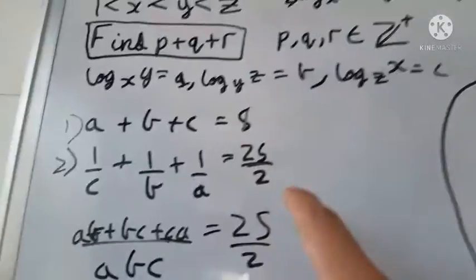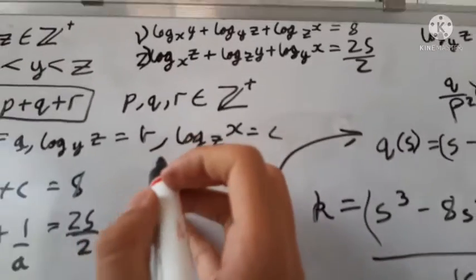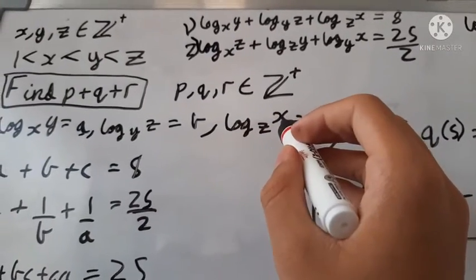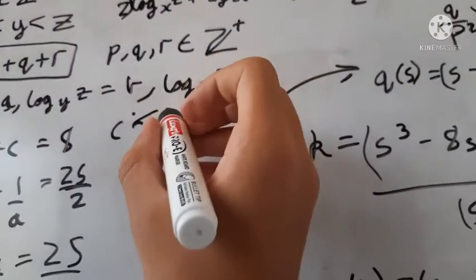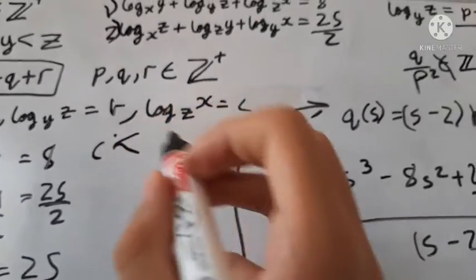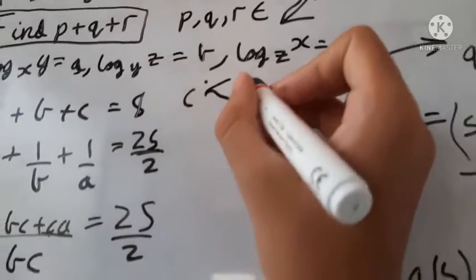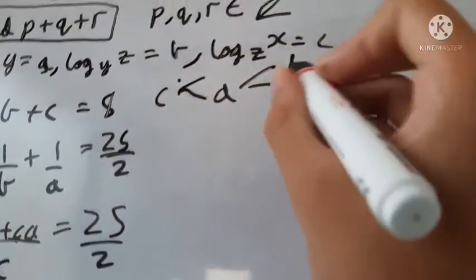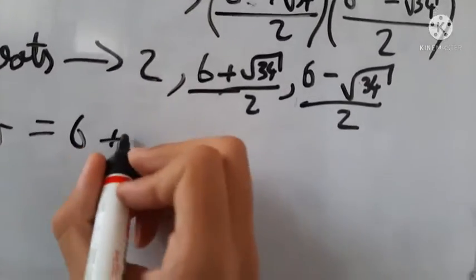Now because of this inequality, c is going to be the smallest one, right? By this inequality we can say that. And what's a, okay, let's see. Oh yeah, okay. And then the largest one is going to be b, and we know the largest one is this, so we know that b is 6 plus square root of 34 over 2.